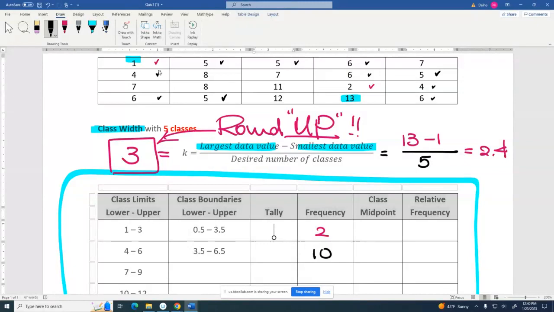So 10, the second class, 10. And just keep going. Between 7 to 9, and the last one will be between 10 to 12, and one more for 13.